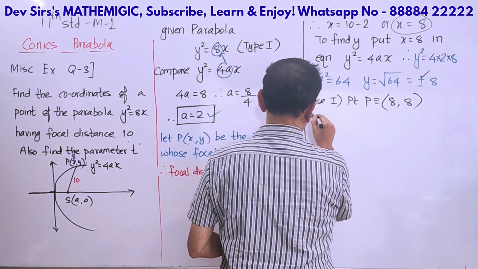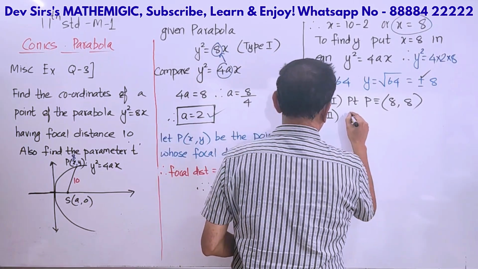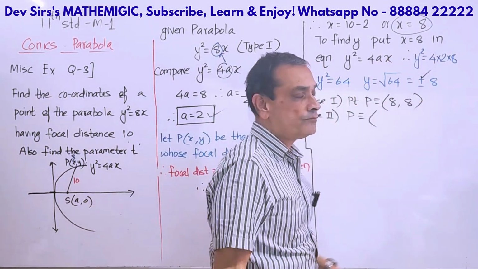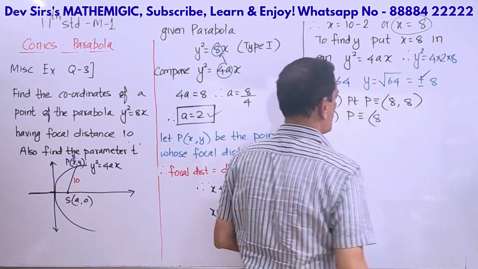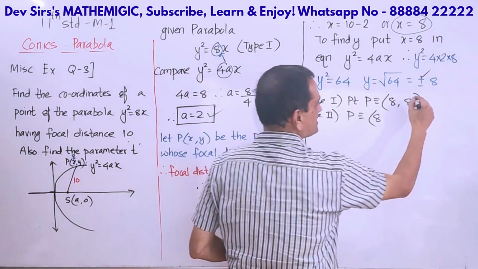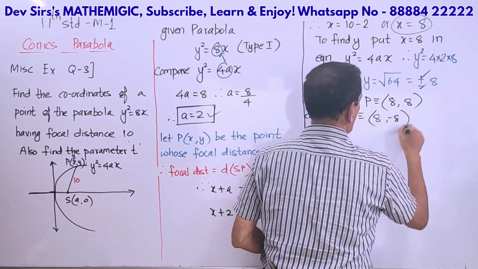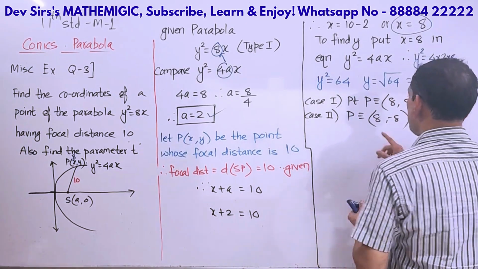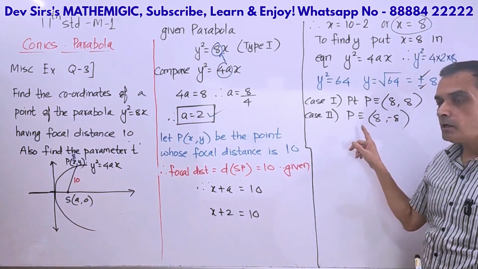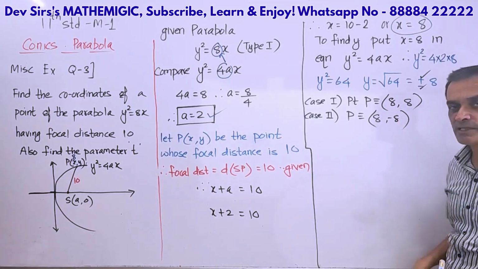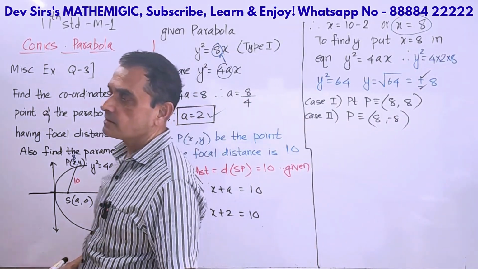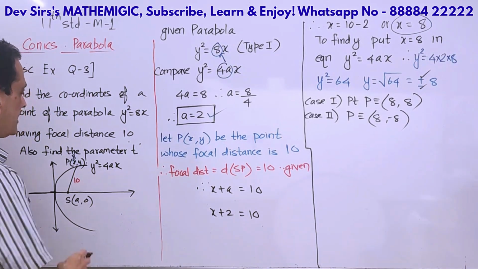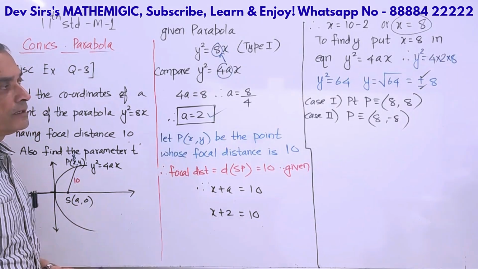Case 2, point P: x equal to 8 is constant, y is equal to, now take the minus sign. So there are two answers, either P is equal to (8, 8) or P is equal to (8, minus 8). That is the answer. Followed? So either it will be here or somewhere over here.